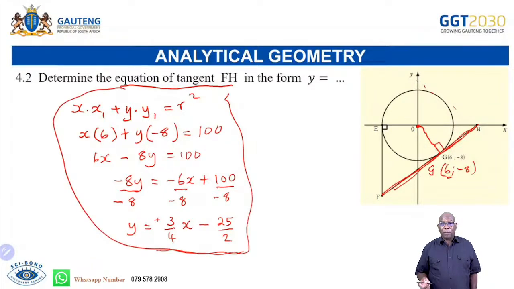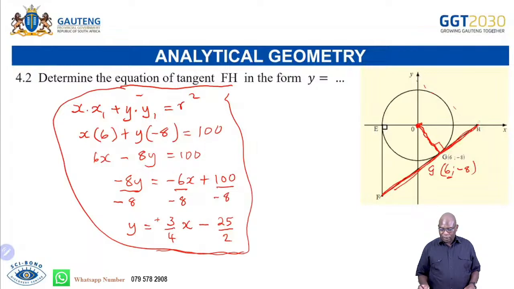If you want to use the other method of getting the gradient because maybe you forgot how to write down that formula, you go the easier way of getting the gradient of this line, use the formula that is in the formula sheet, then you get the same answer.